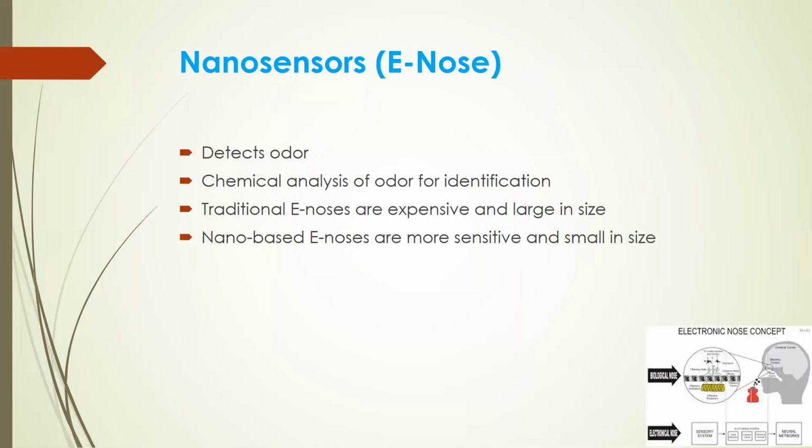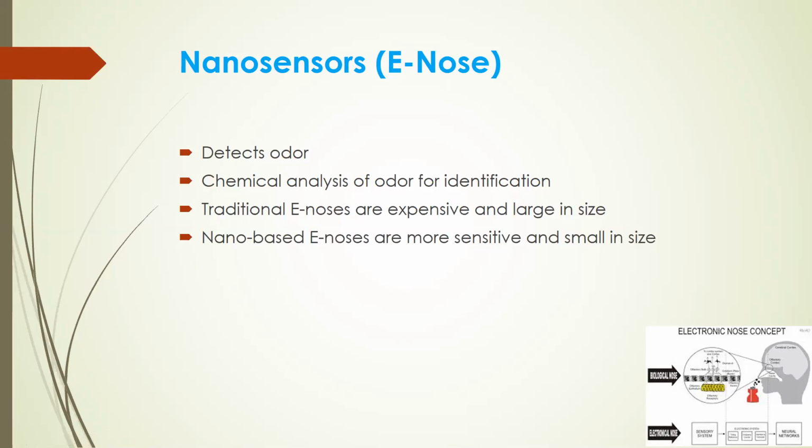Now we are going to discuss these nanosensors. The first nanosensor that is being commercially used in food processing industries to monitor contamination in food lots is called the e-nose. You are well aware of the word nose.